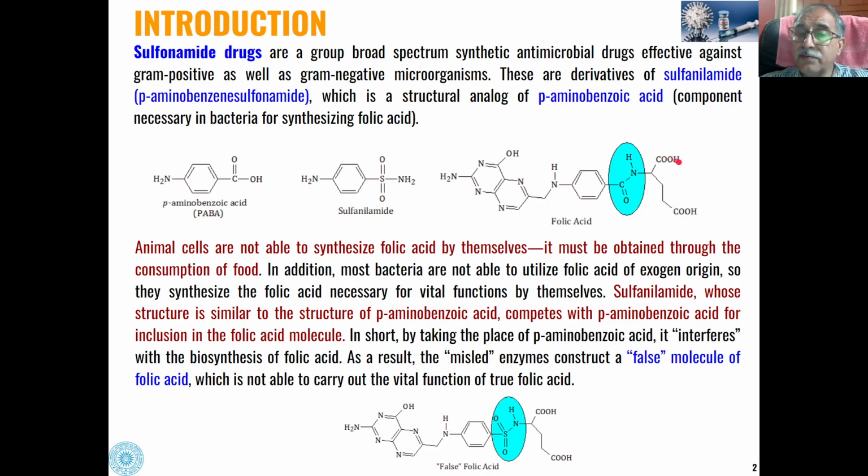Instead of this amide linkage, we will have a sulfonamide linkage in the folic acid which has been synthesized due to the presence of sulfonamide drugs, and because of this a false molecule of folic acid will be synthesized in the bacteria. That false molecule will not be able to carry out the vital function of true folic acid, and that is how these drugs are effective against many types of gram positive and gram negative bacteria.